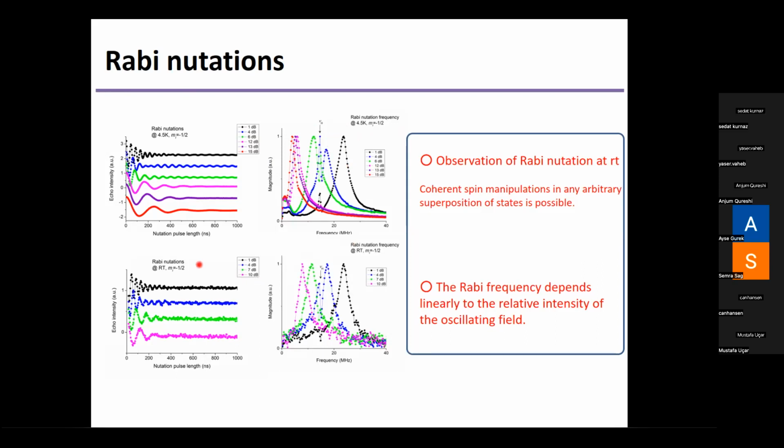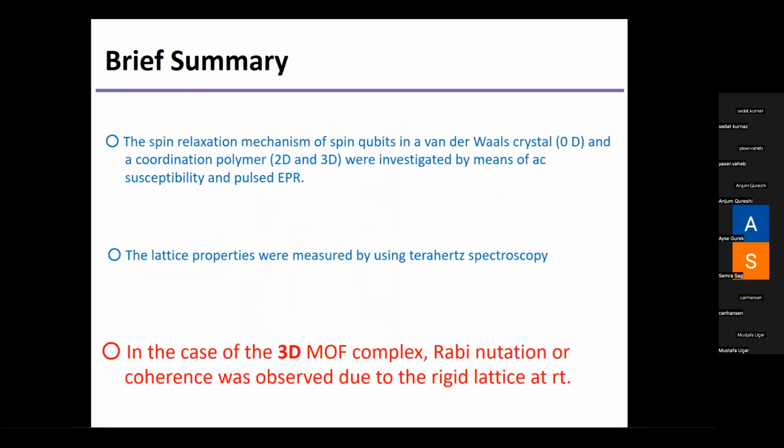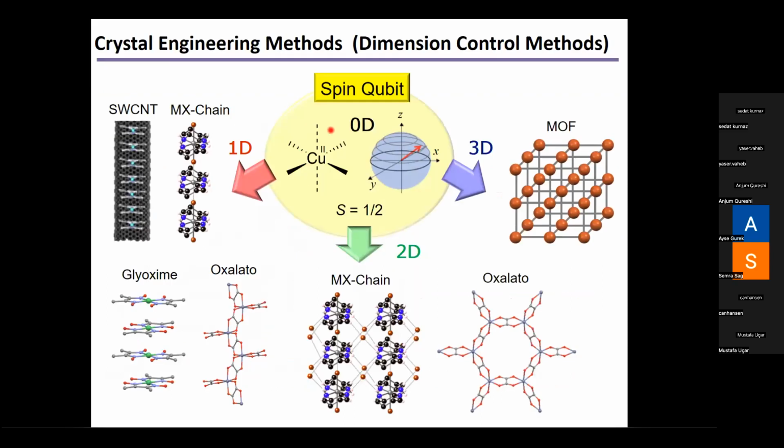But with my compound, the 3-dimensional MOF, a very beautiful Rabi nutation is observed even at room temperature. So in the case of the 3D MOF complex, Rabi nutation and coherence were observed even at room temperature due to the rigid lattice.